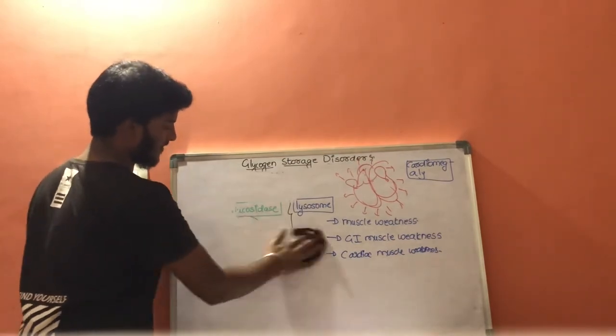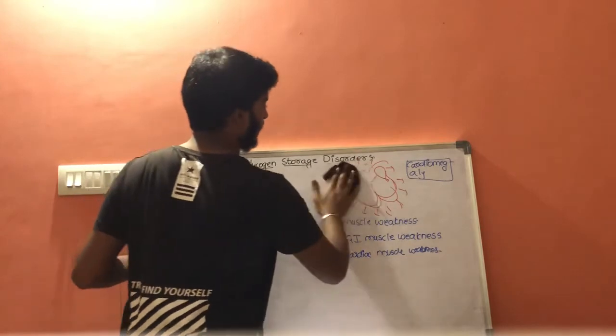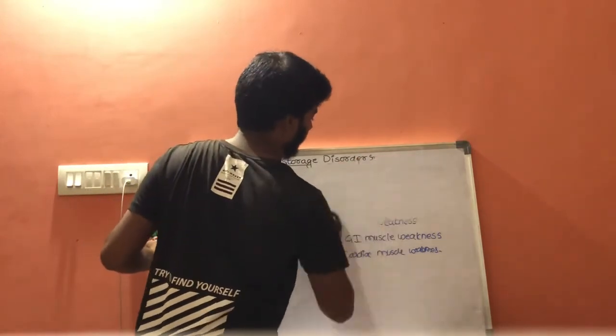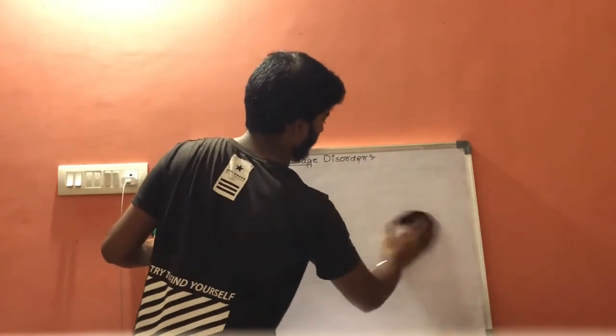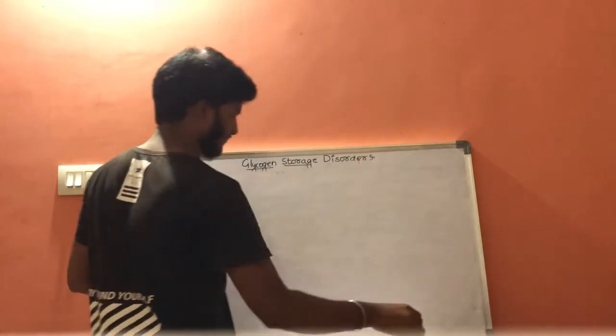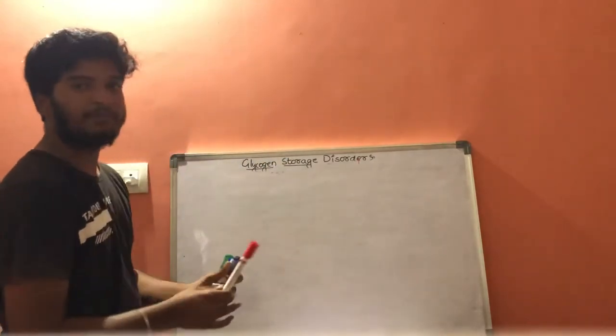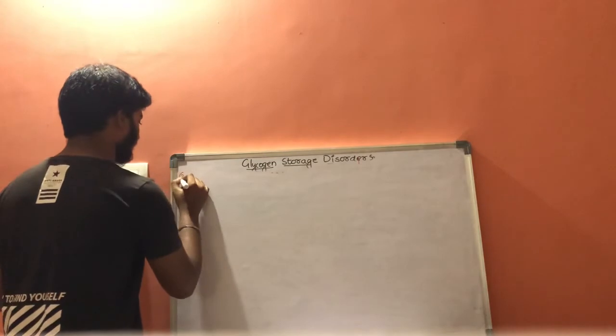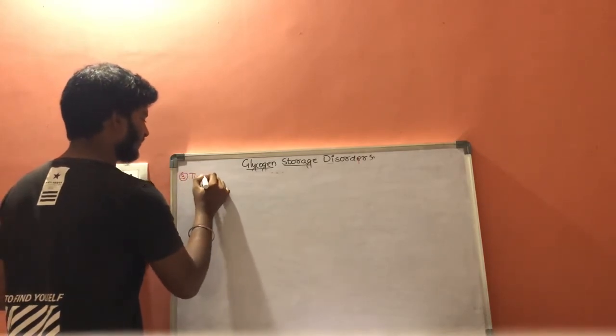And the third type of disorder is type 3 disease, Cori's disease.